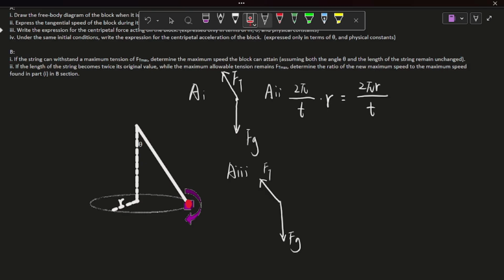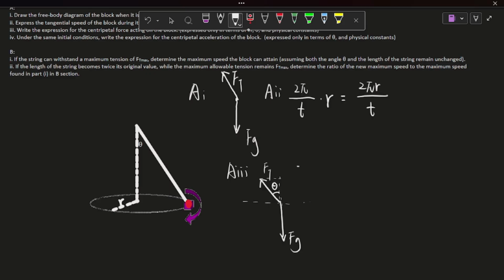From the analysis we did before, the vertical components are equal. And the angle here is theta. So since the vertical components are equal, we can write Ft times cosine theta is equal to Fg, which gives Ft is equal to Fg over cosine theta.